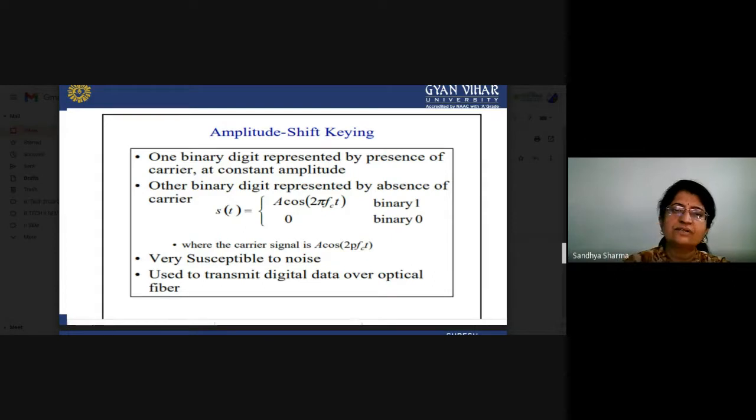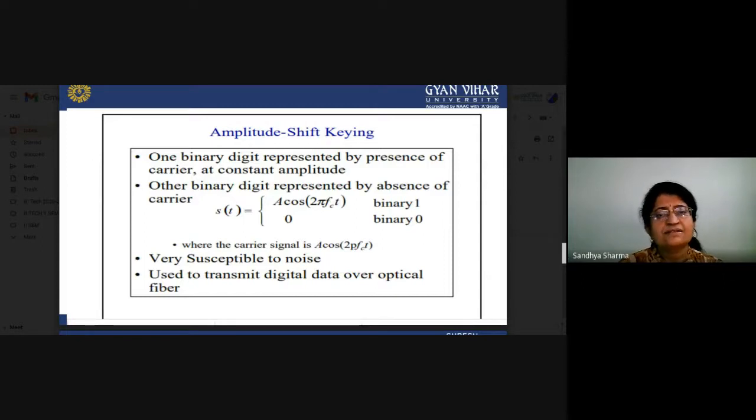If you want to represent binary digits, A cos omega ct is represented as binary 1, and the 0 volt signal is indicated as binary 0.